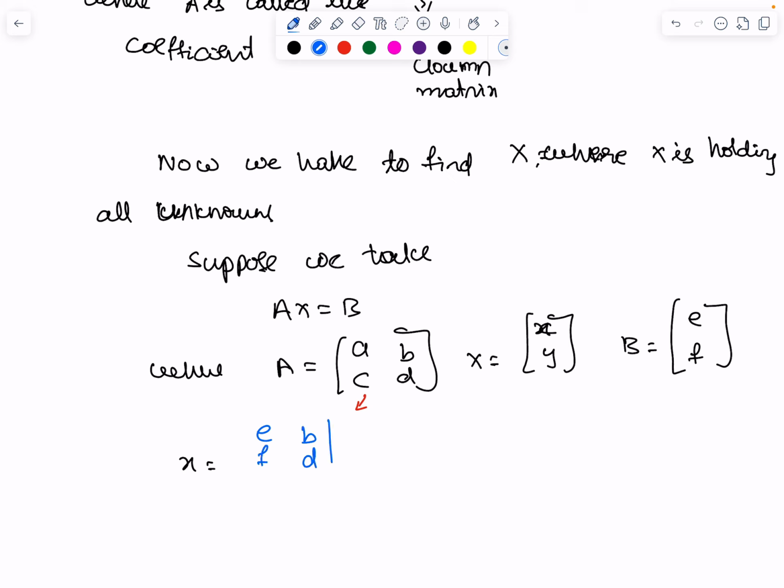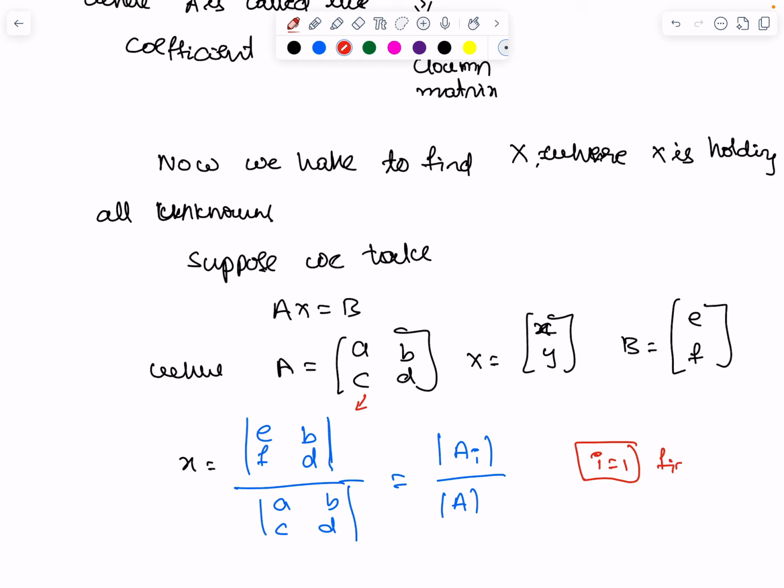That is, to find the first element in X, we are replacing the first column of A by B and finding the determinant of that resultant matrix, divided by the determinant of the original coefficient matrix A. Therefore, it is equal to determinant of A1 divided by determinant of A, where in A1, i is equal to 1, the first column of A is replaced by entries of B.